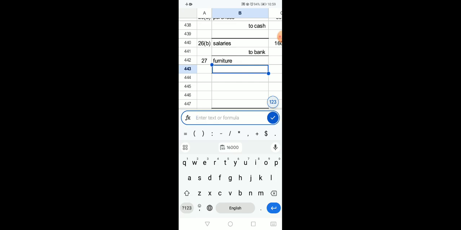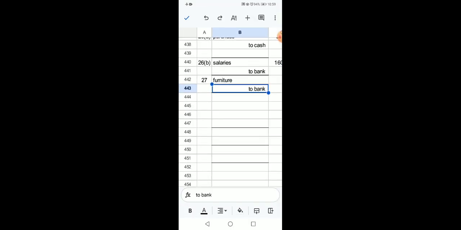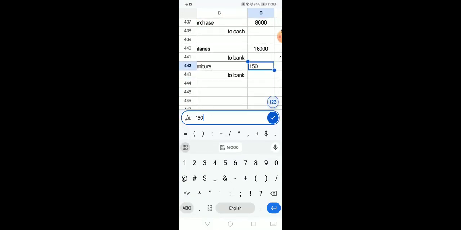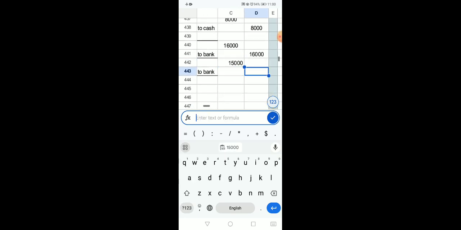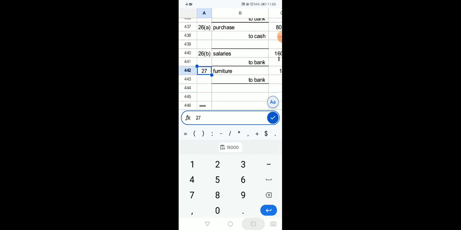Bank account is your asset. Asset is decreasing. Decrease in asset should be mentioned on credit side, so you will name your bank account on credit side. The 27th entry, its amount is 15,000, so you will write 15,000 on debit side, and you will write the same amount on your credit side as well. In this way, the 27th entry has been completed.